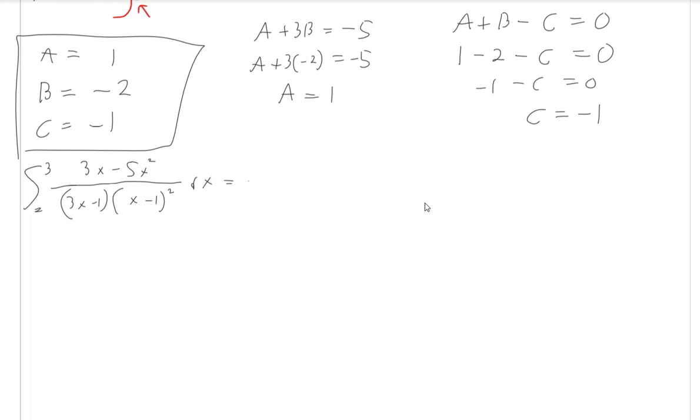I now have this as the integral of 2 to 3. The bounds haven't changed. The first one was a, which was 1 over 3x minus 1. And then b, which is negative 2, so minus 2 over x minus 1. And then c, which is a minus 1 as well, so we get minus 1 over x minus 1 quantity squared dx.